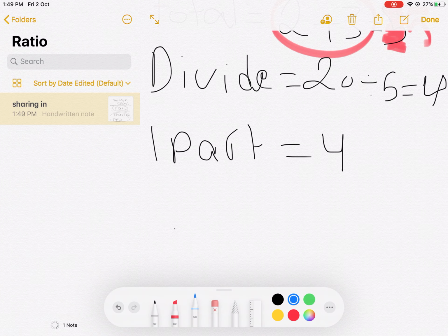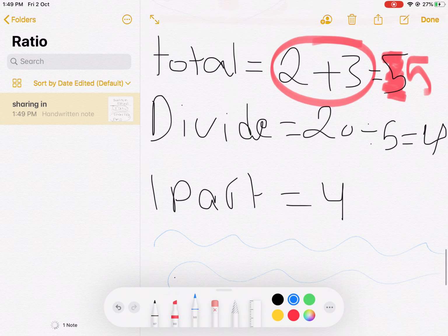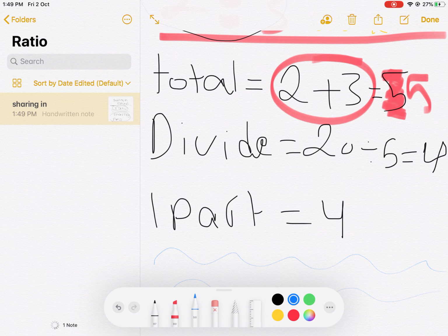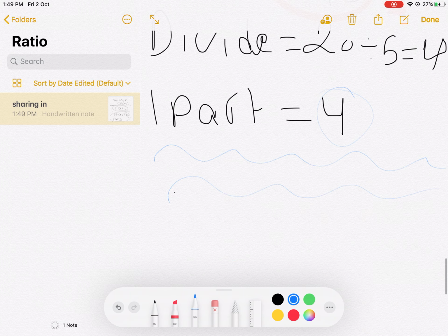So this is getting easier. What is one part? What is our solve? It's 4. But this is not our final answer.